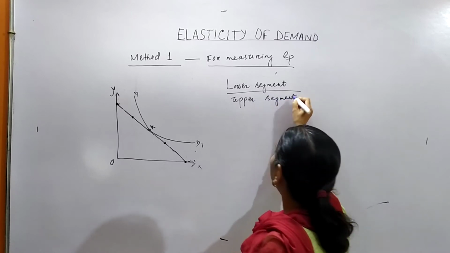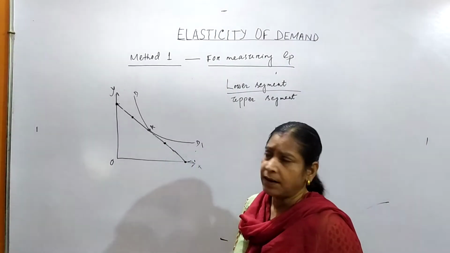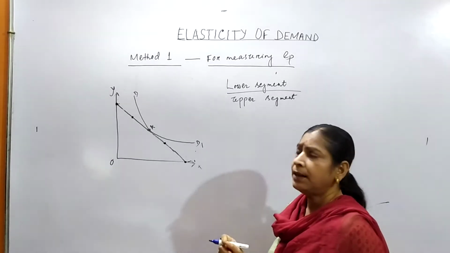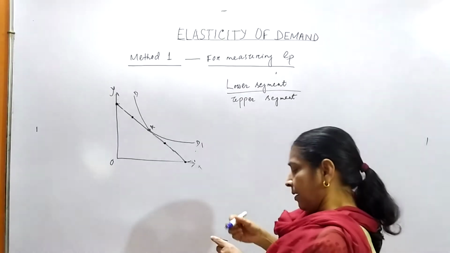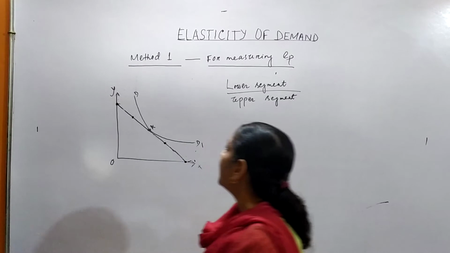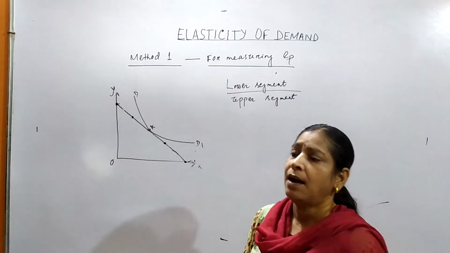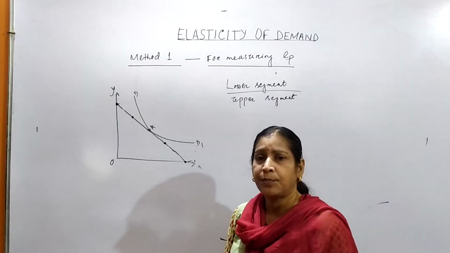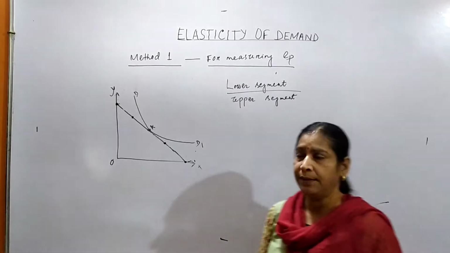Same formula. That was a linear demand curve in point price method, and this is a non-linear demand curve to calculate the value of EP in point price method. Friends, we have finished one method for measuring price elasticity of demand, that means point price method. That means how we measure price elasticity of demand at a particular point of either a linear demand curve or a non-linear demand curve.